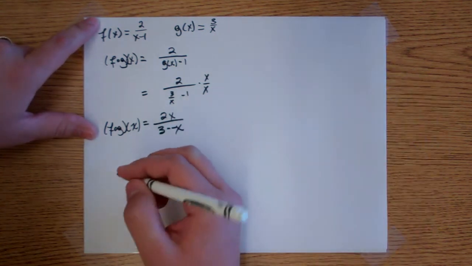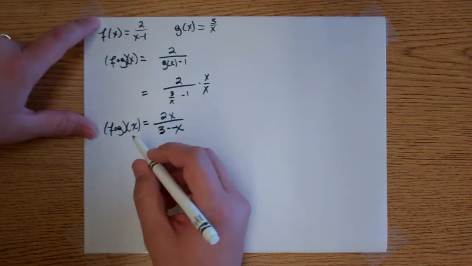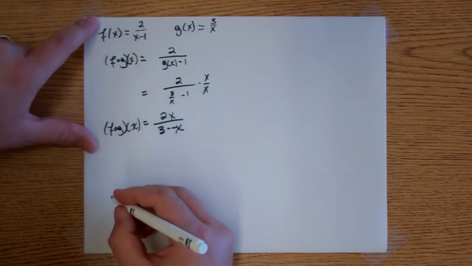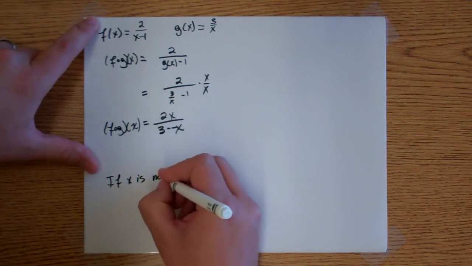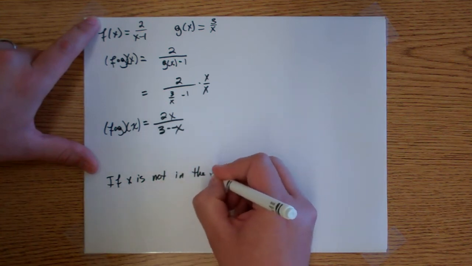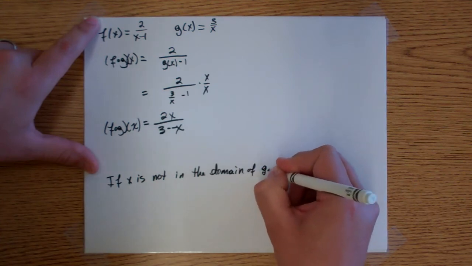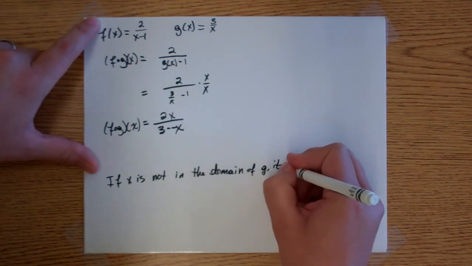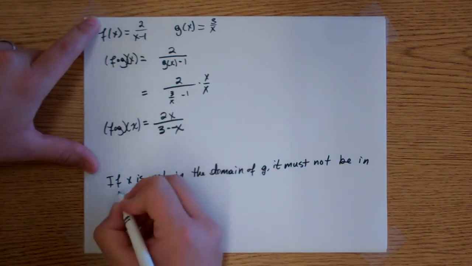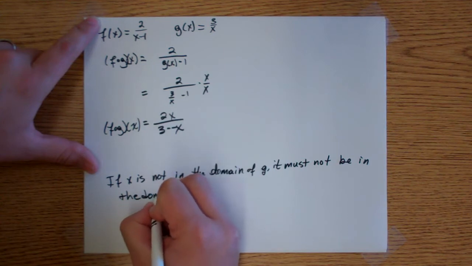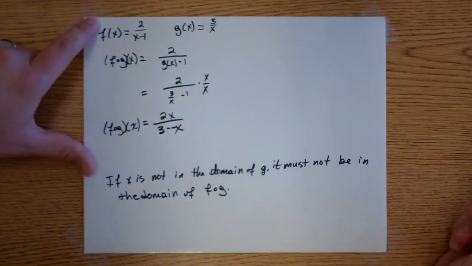So if x is not in the domain of g, it must not be in the domain of f of g. All right?